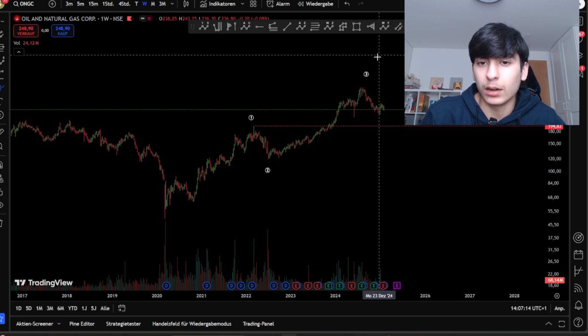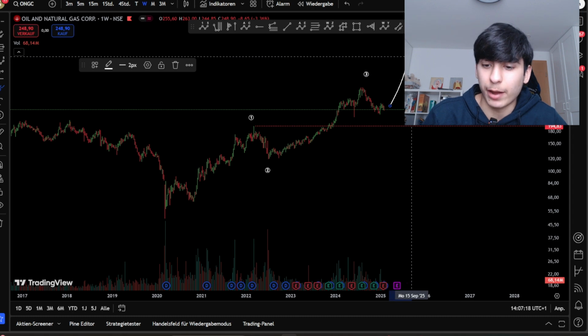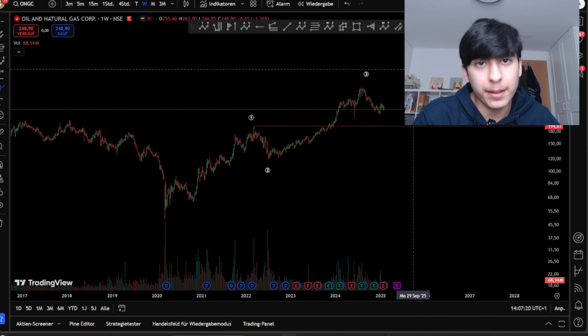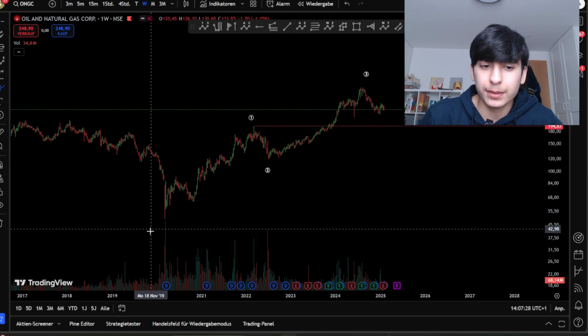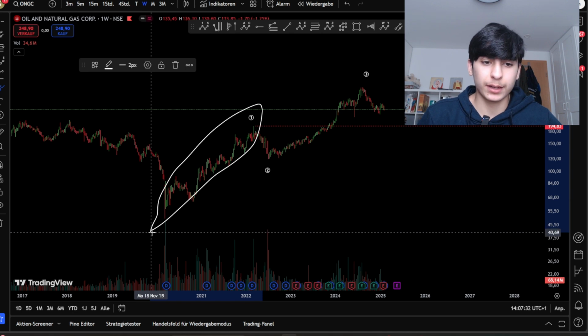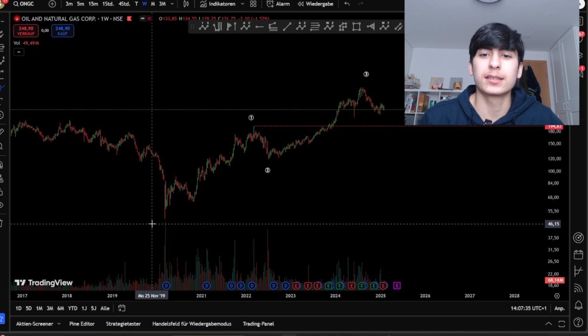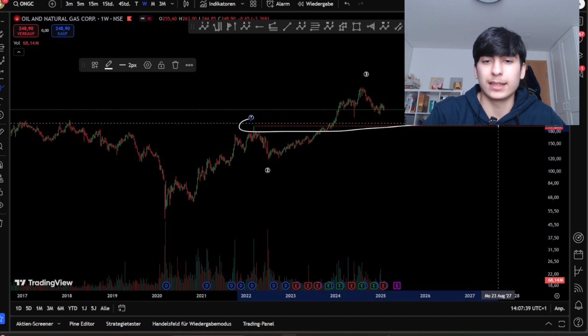And wave 3 is not allowed to be the shortest wave, so wave 5 needs to be shorter than wave 3. Now, in an impulse, wave 3 usually is the extended wave and not wave 1. And here wave 1 is the extended wave. So that's also something that impacts this scenario. Now, the moment we hit this dotted line, this impulse gets invalidated.